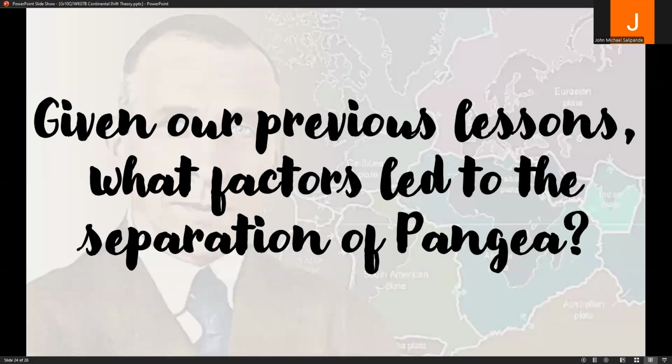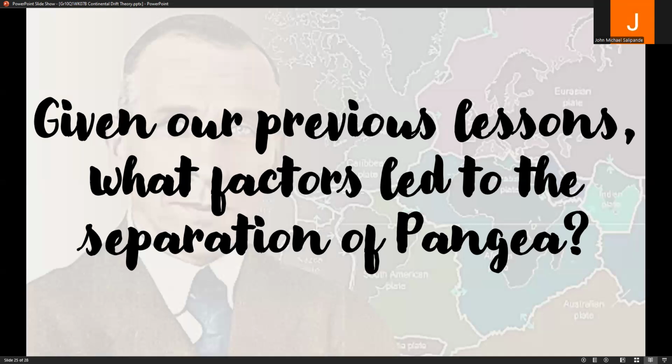Now, given our previous lessons, what factors led to the separation of Pangaea? The reason why we had continental drift theory as our last lesson is because all the lessons that we tackled before, from seismic waves down to magnetic reversals, in one way or another, led to the separation of Pangaea.